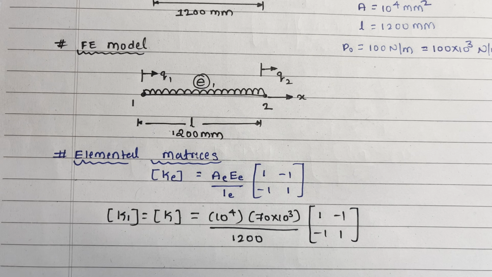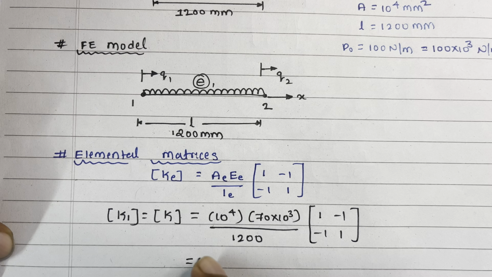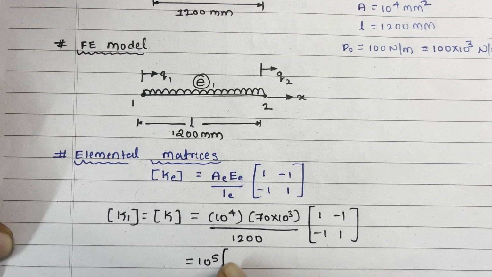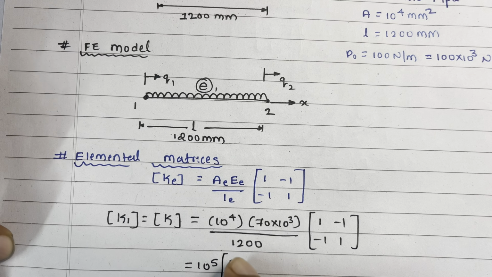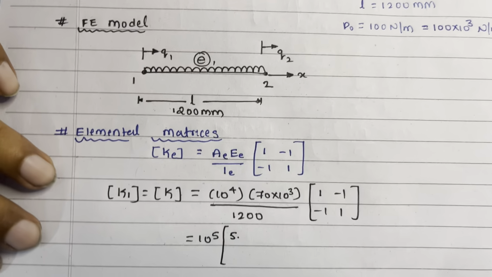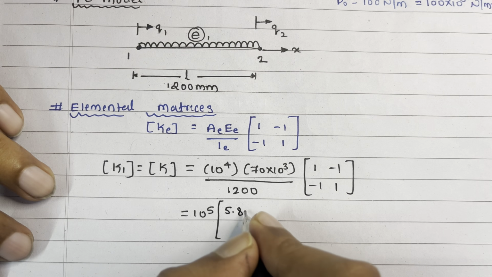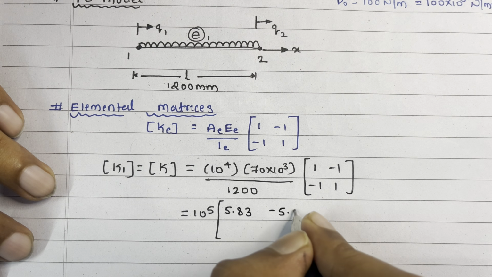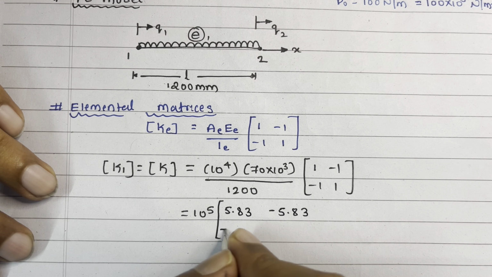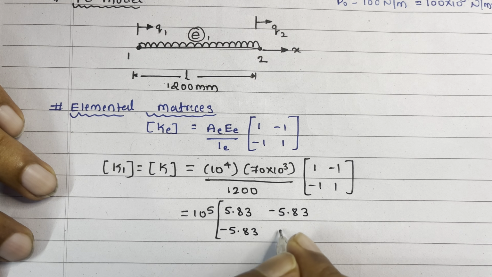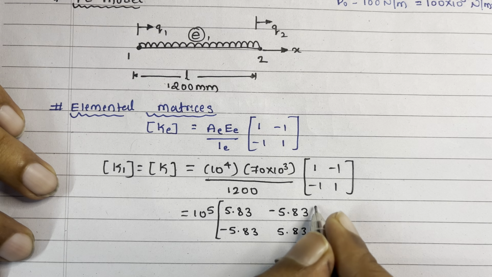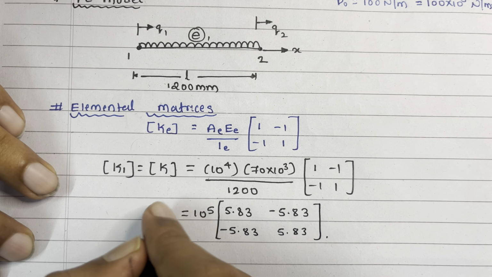With the help of a calculator we get 10 raised to 5 outside, and in the bracket 5.83 minus 5.83, minus 5.83 5.83. This is K.